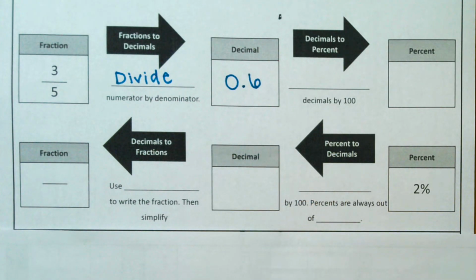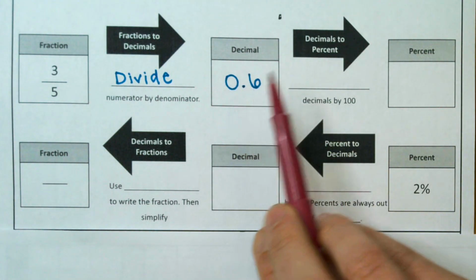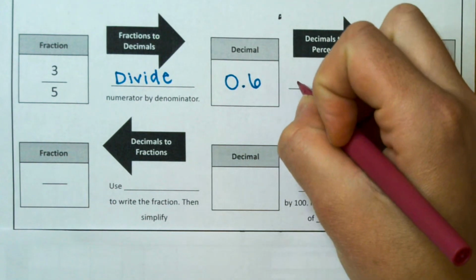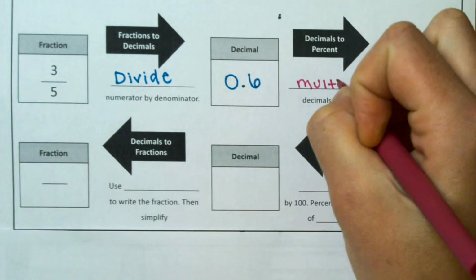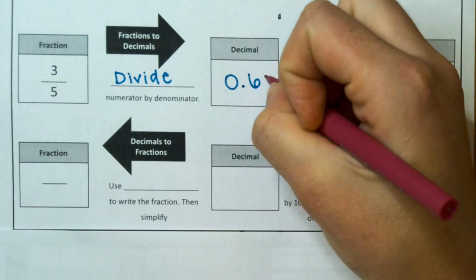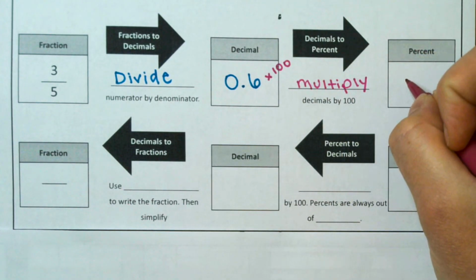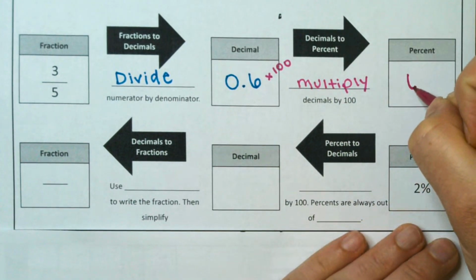All right, so we divided to get from our fraction to our decimal. Next up, we're going to go from our decimal to our percent. One way to do this is to multiply our decimal by 100. So I can do 0.6 times 100, and that is 60%.